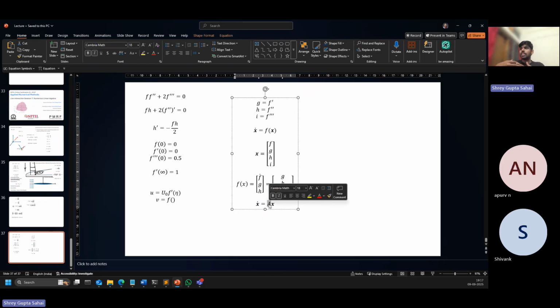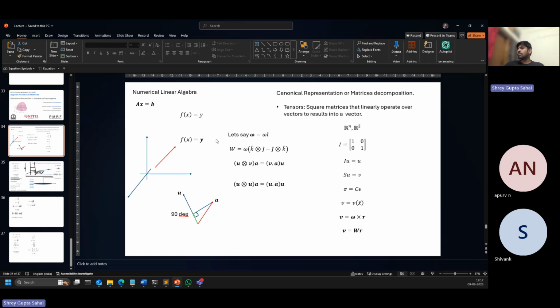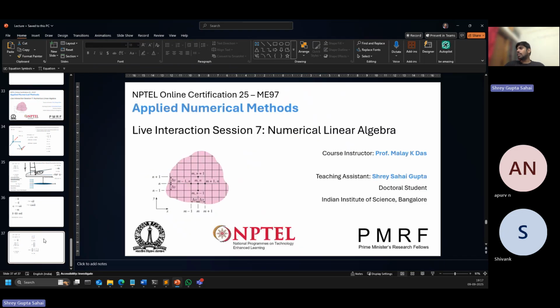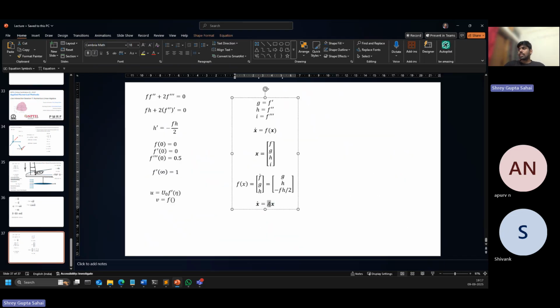I'm mentioning this as a motivation for the discussions I'm planning to have in subsequent sessions on numerical linear algebra, something that I had initially started. You see, this A will have some eigenvalues. You must have already explored that in the course, and those eigenvalues are important. But we'll do all of that in subsequent sections.